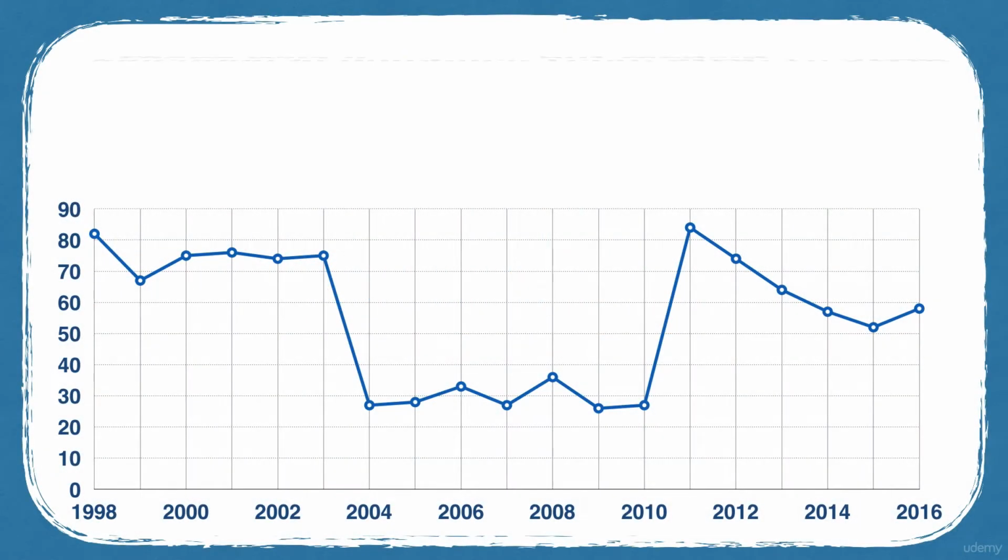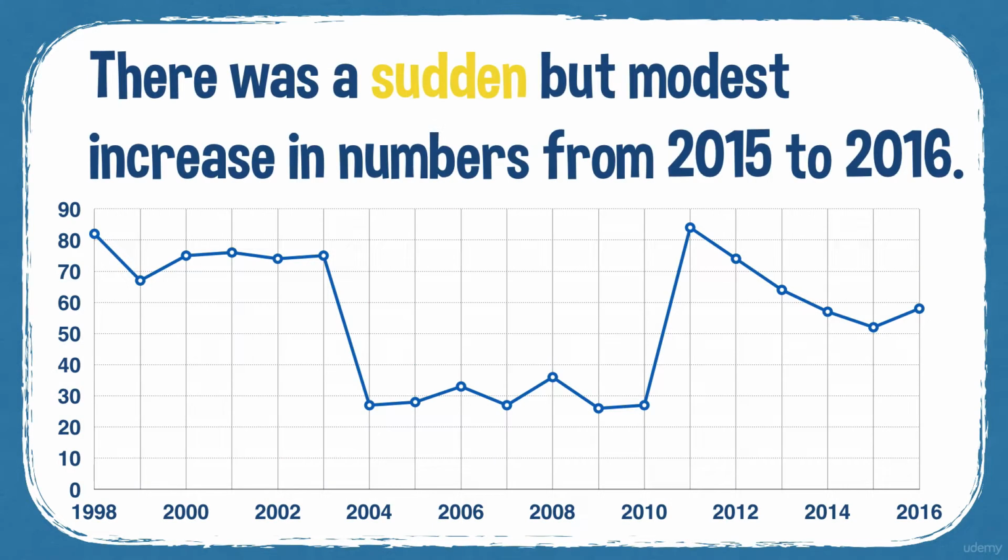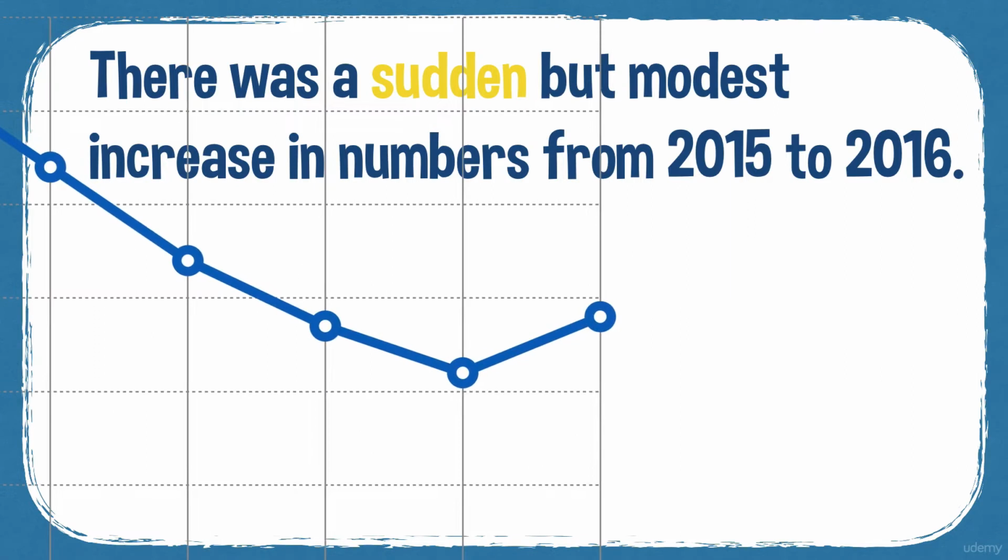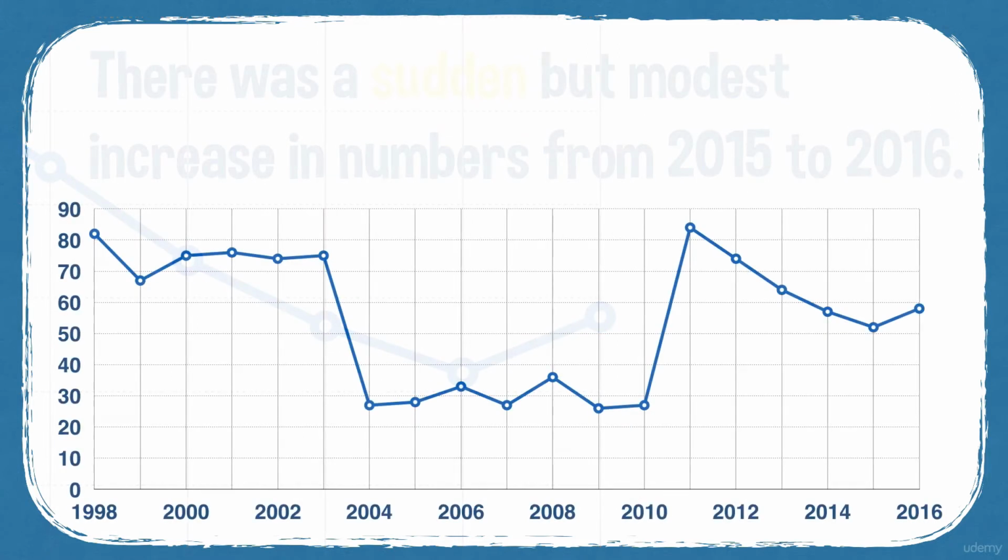So, for example, there was a sudden but modest increase in numbers from 2015 to 2016. It's a bit unexpected, because they had several years of steady decline before that, and then there was a sudden increase. So something changed. A bit unexpected.